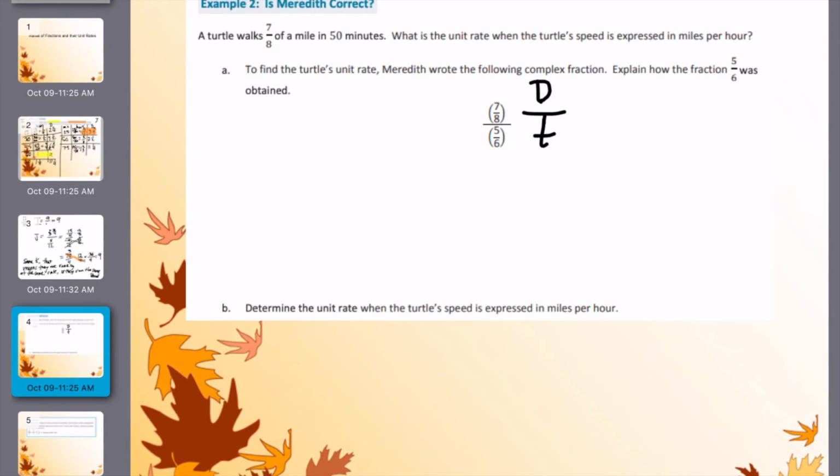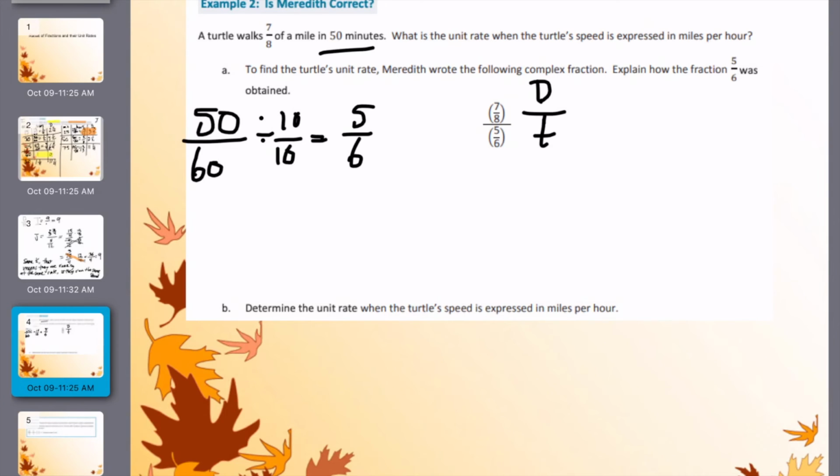So I know 5/6 is my time. And I'm trying to think, how is 5/6 related to time? Well, I know that there are 60 minutes in an hour, and they were originally talking about 50 minutes. So I'm betting that 5/6 comes from 50 minutes over 60 minutes. 50 divided by 60. If I divide the top and the bottom by 10, that gives me 5/6. So it's an equivalent fraction.